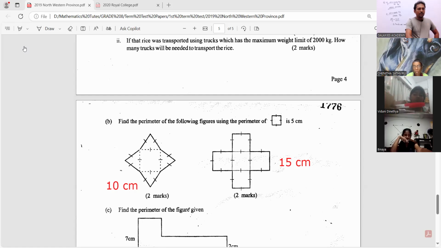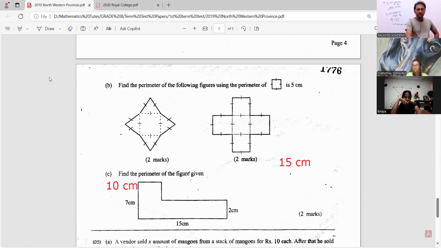Right. Then let's go to simple C part. In simple C, you have to find the perimeter of this plane figure. How can you find the perimeter? This length is given as 2 centimeters.